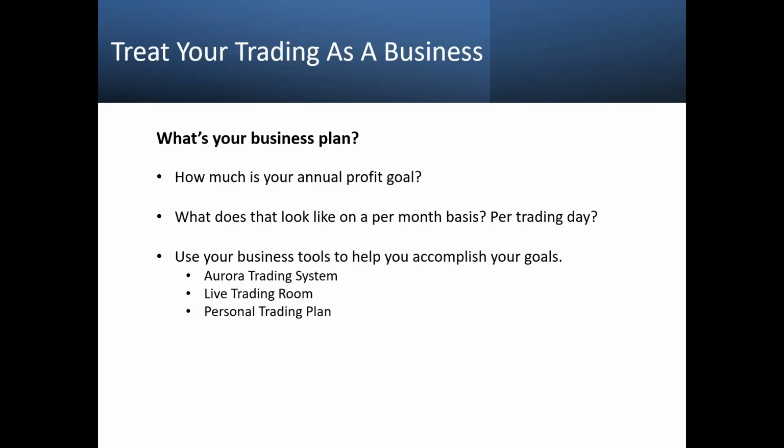So let's say your annual profit goal is $120,000 per year. I chose that number because it's easily divided by our 12 months, which means that you're looking for about $10,000 per month. January has a total of 20 trading days, and those are really the Monday through Friday trading days. Obviously, there are other days as futures trading starts Sunday night.